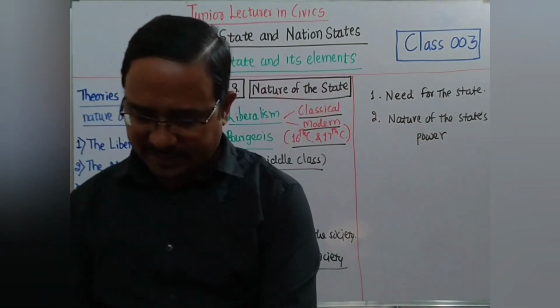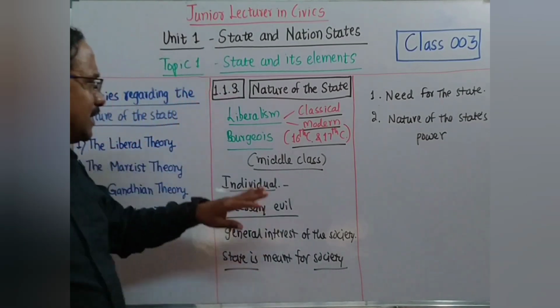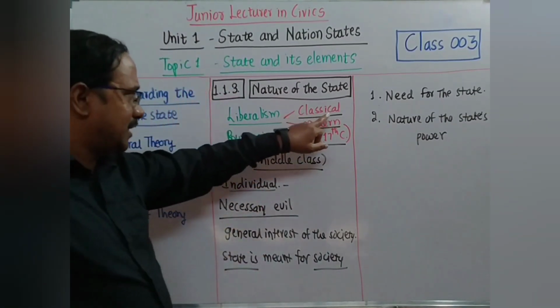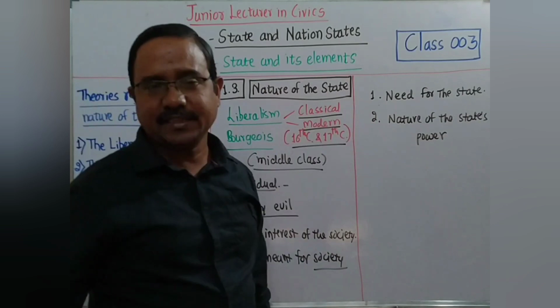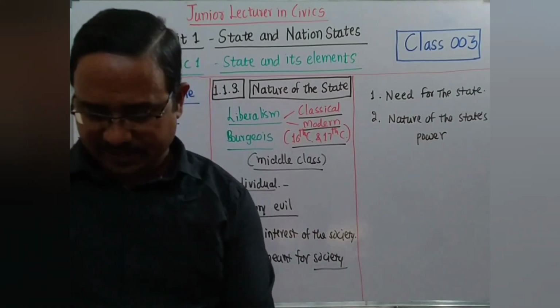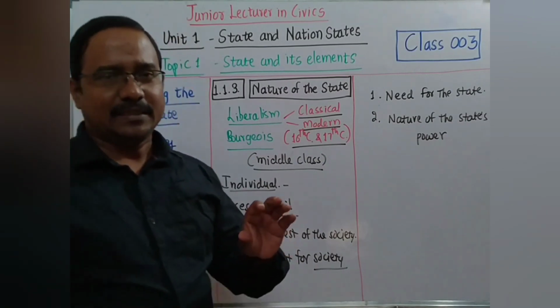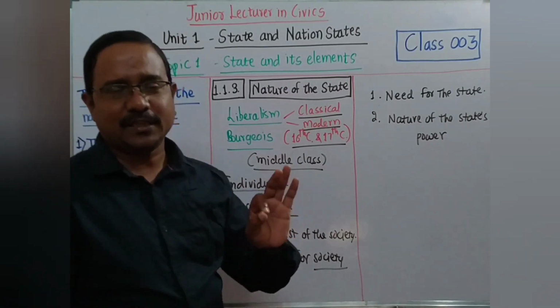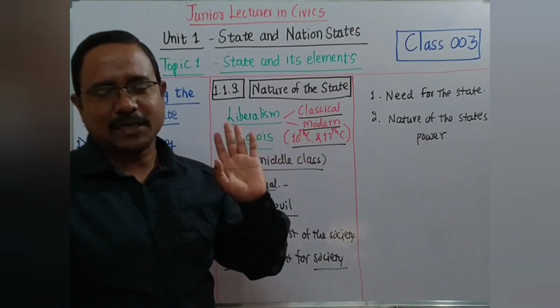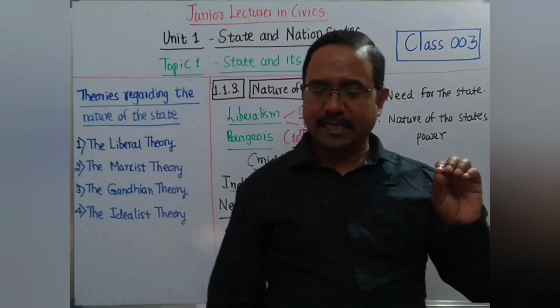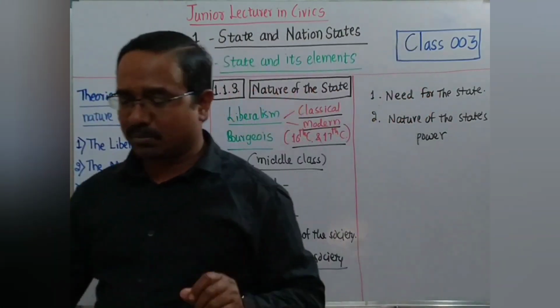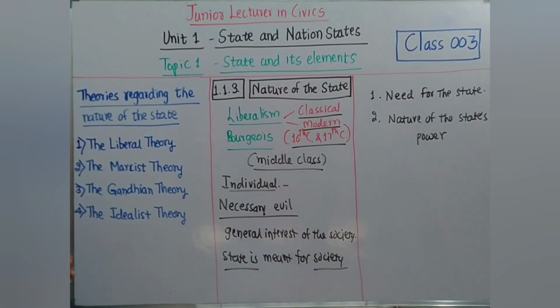Classical liberalism emerged in the 18th century and early 19th century. They regarded that the state should function as minimally as possible. That means minimal state function. You have to remember these words: minimal state function.